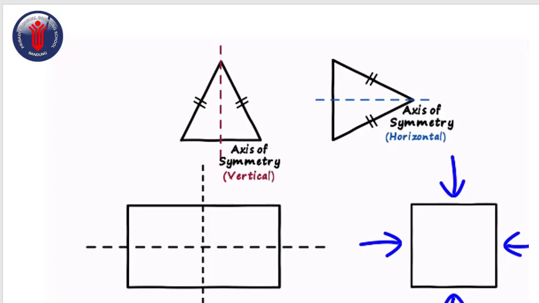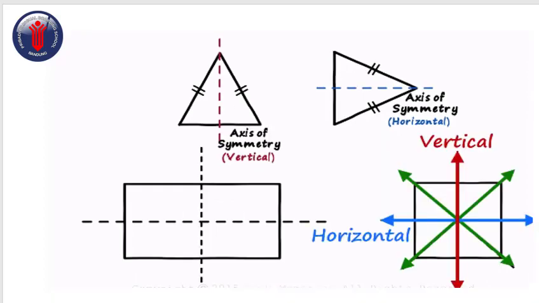It has the horizontal as well as vertical axis of symmetry, just like the rectangle, but for a square, two diagonals will also be axes of symmetry, like this. So a square has four axes of symmetry: horizontal, vertical, and two diagonals.